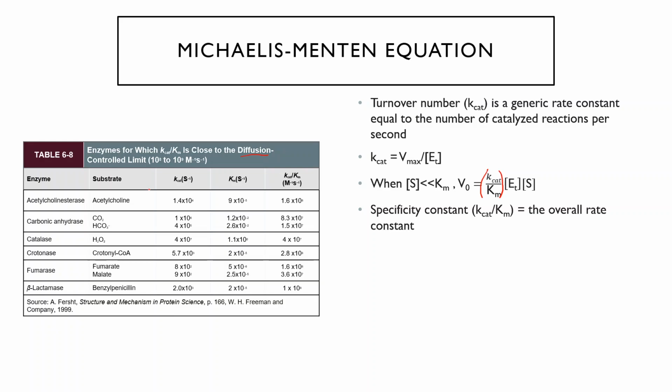So what this shows is that, especially for these enzymes in particular, that rate constant, that ratio, is very close to that hypothetical upper limit. So what that means is that many enzymes have evolved to reach that overall theoretical upper limit for that specificity constant.